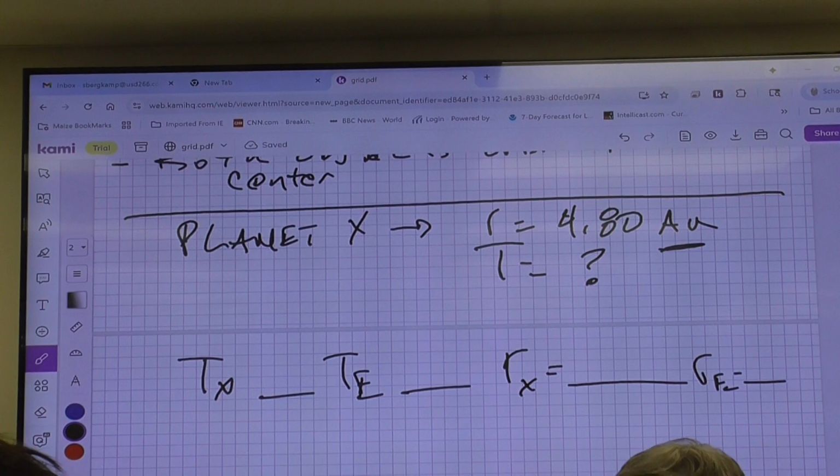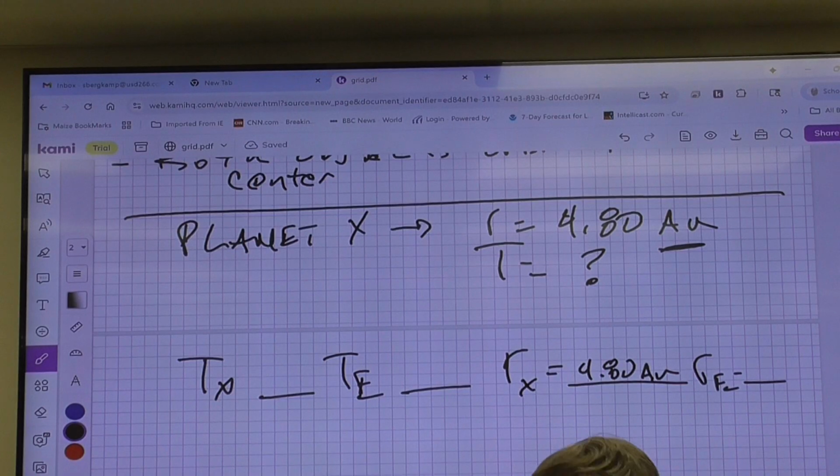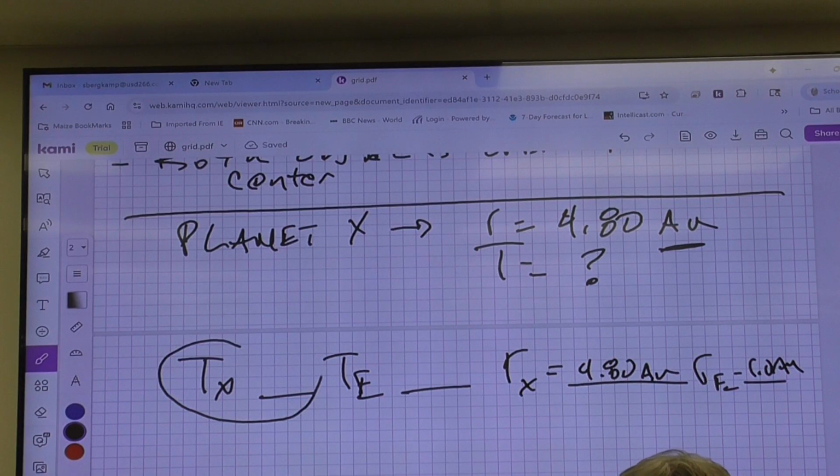So, you've got the radius of planet X, 4.80 AUs. Let's talk about the orbital radius of Earth. If you're Kepler, what are you going to let the orbital radius of Earth be? 1 AU, right? Cool, that's that. We're trying to find the period of planet X.